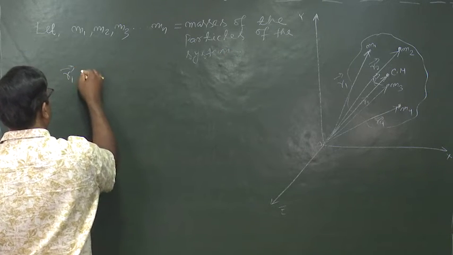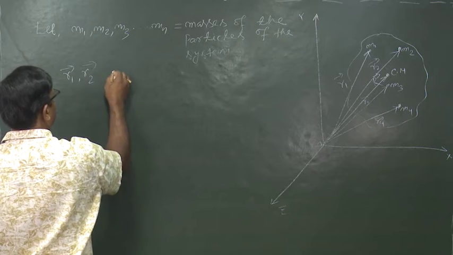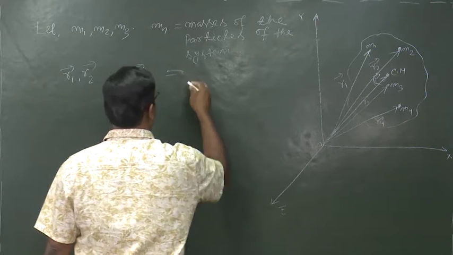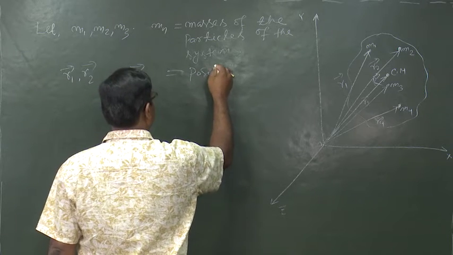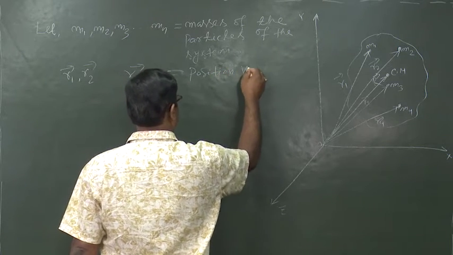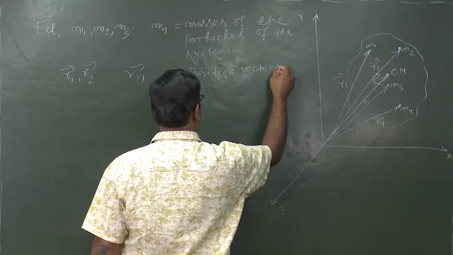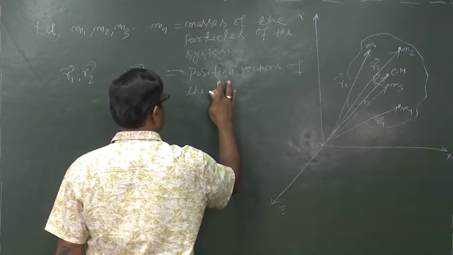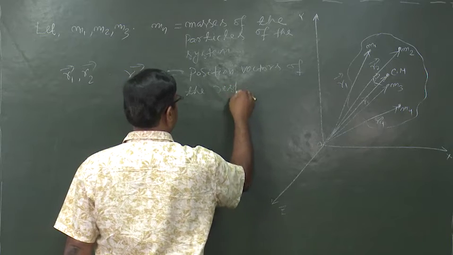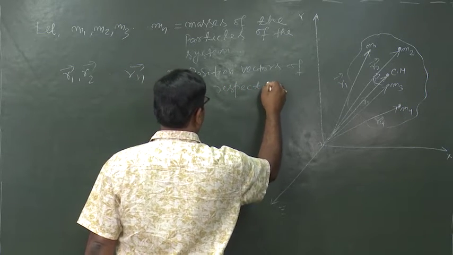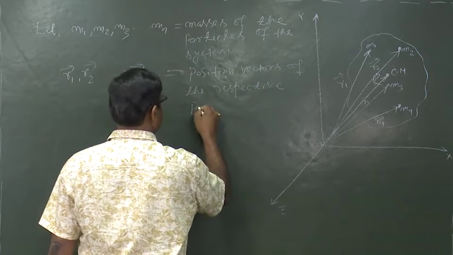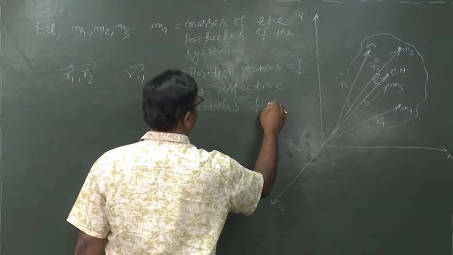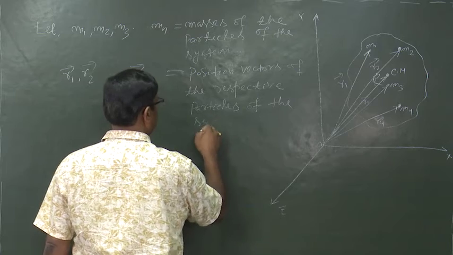R1 vector, R2 vector, up to Rn vector are the position vectors of the respective particles of the system.